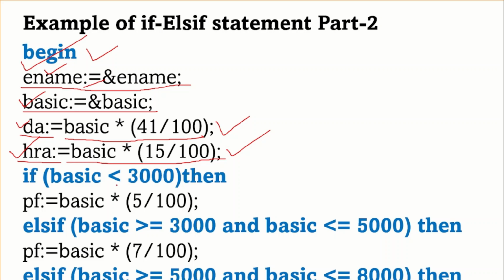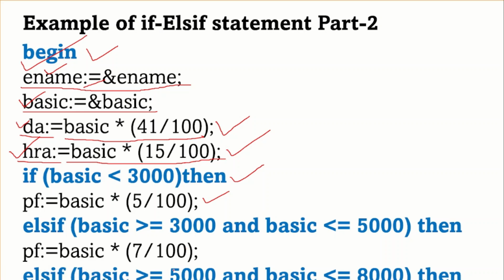Now comes the if: if basic is less than 3000, then PF will be 5% of basic salary. Next condition says, else if basic is greater than or equal to 3000 and basic is less than or equal to 5000, in that case PF will be 7% of basic.